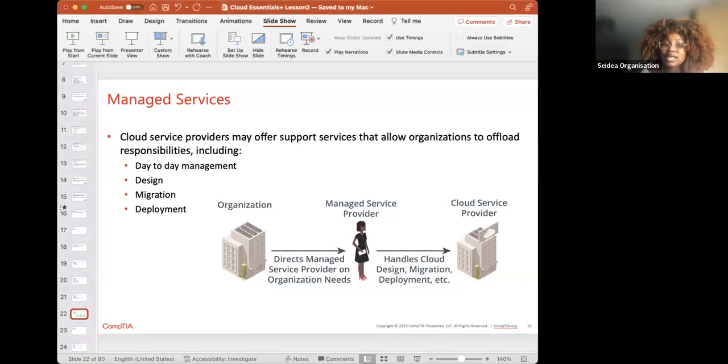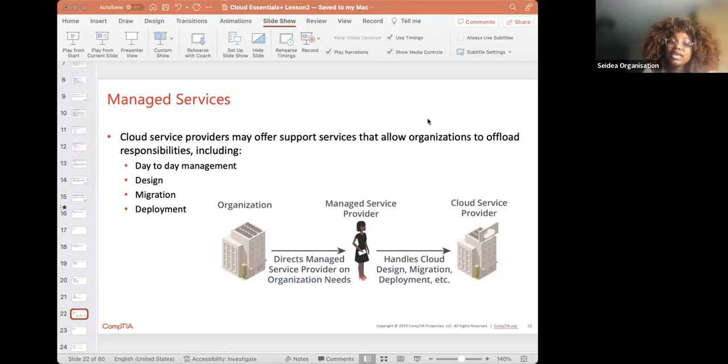The second one is design. Design has to deal with how you craft an optimal cloud architecture. The third one is migration. So migration deals with how you move your data and your services from on-premise or another cloud to a cloud.